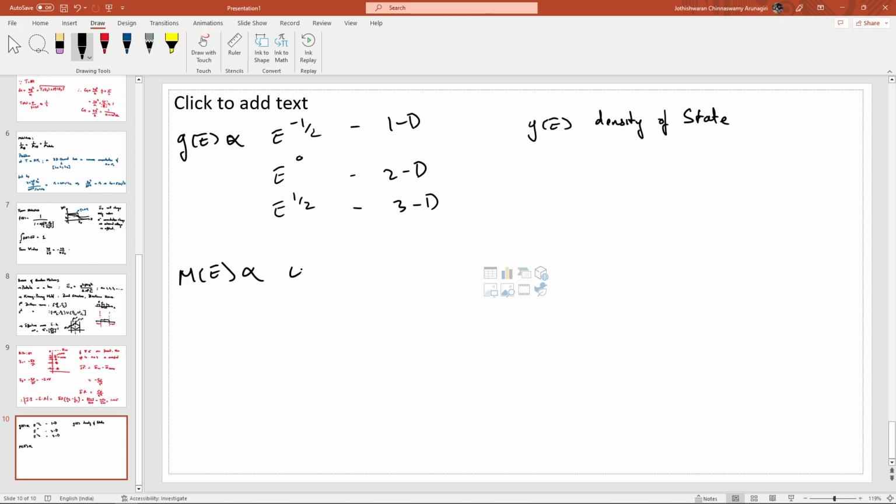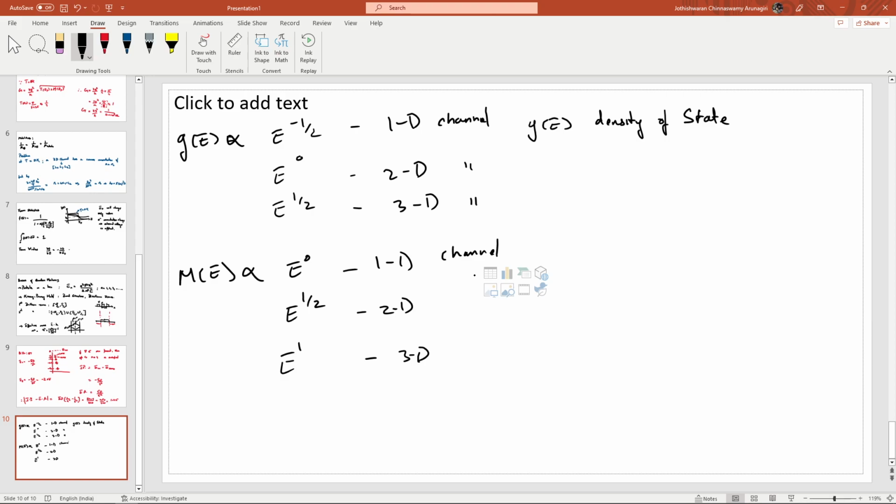Modes: e to the power 0 for a 1D channel, e to the power half for a 2D channel, and e to the power 1 essentially for a 3D channel. So these are the relations. Do not forget them. Please do not mess it up.